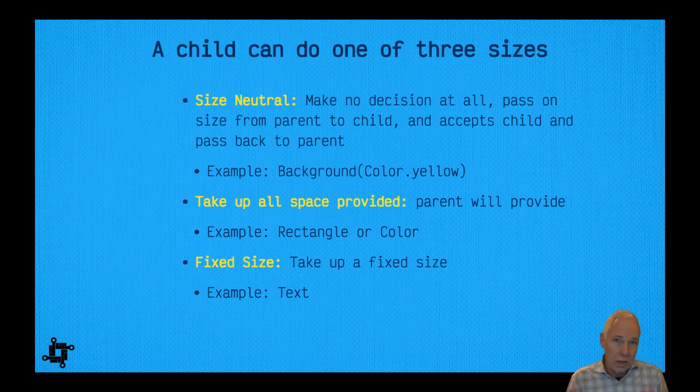And so that is one type of view. And then the other type of view is the fixed size, which is what we have with text views as an example. And we'll see that with image views and so forth, where they're fixed sizes that it's going to report back to the parent almost independent of what the parent proposes.